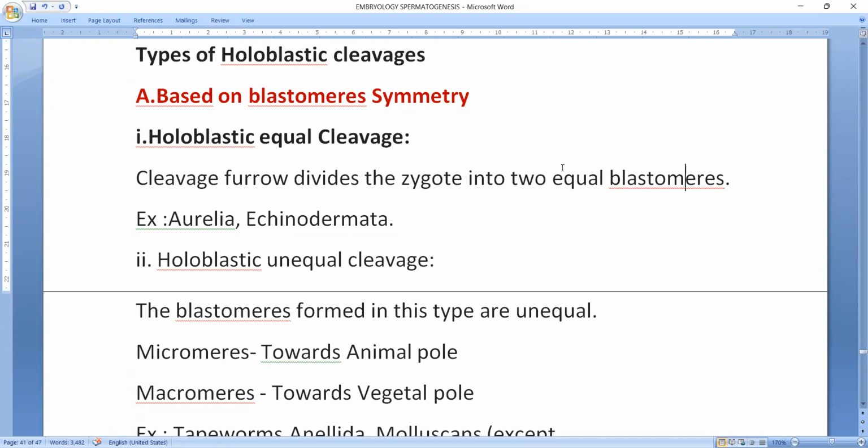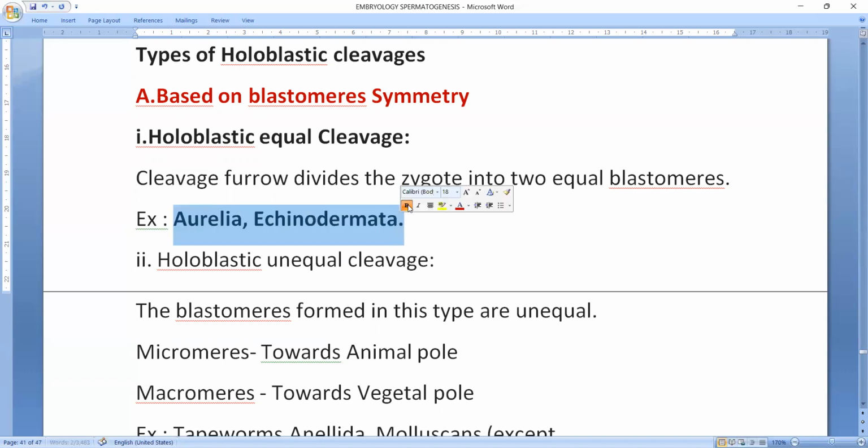All the blastomeres formed until the 36 or 72 cell stage will be equal in size. Such kind of cleavage is known as holoblastic equal cleavage. Example: we should remember Aurelia and Echinodermata.